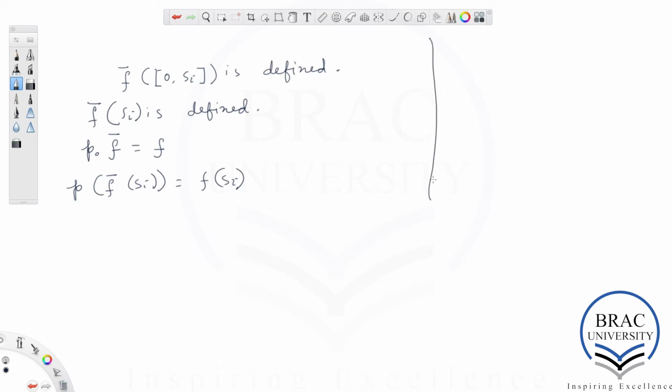And we remember equation number 1, which says that the image of this subinterval Si to Si plus 1 under F is contained in U sub x for some x in B, right? Which means that this is contained in that U sub x, right?